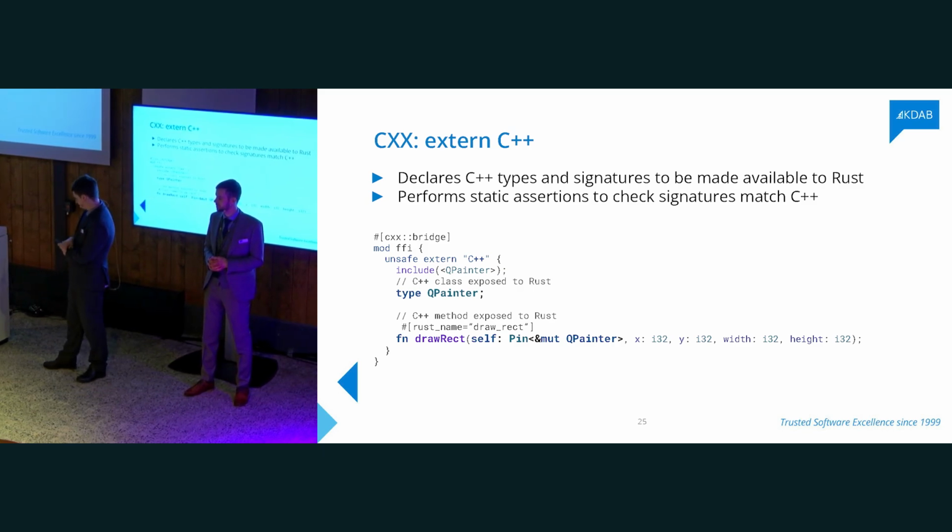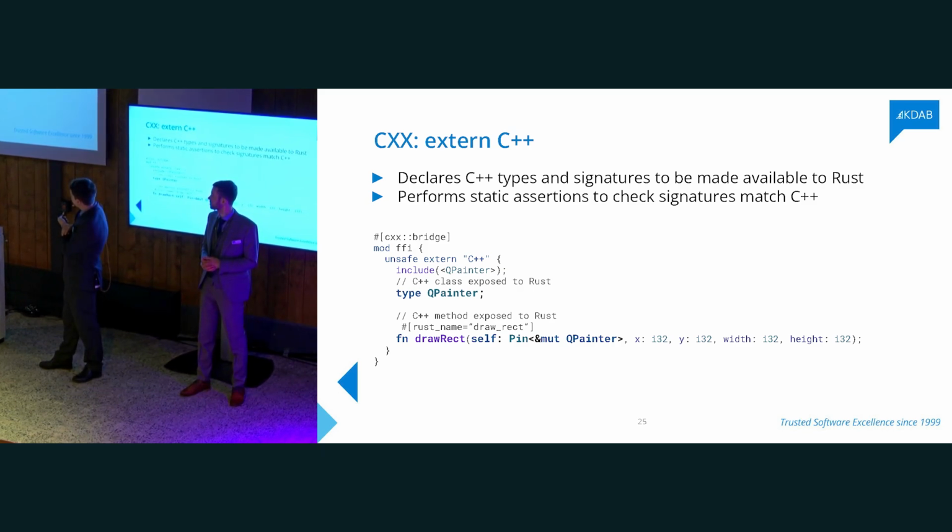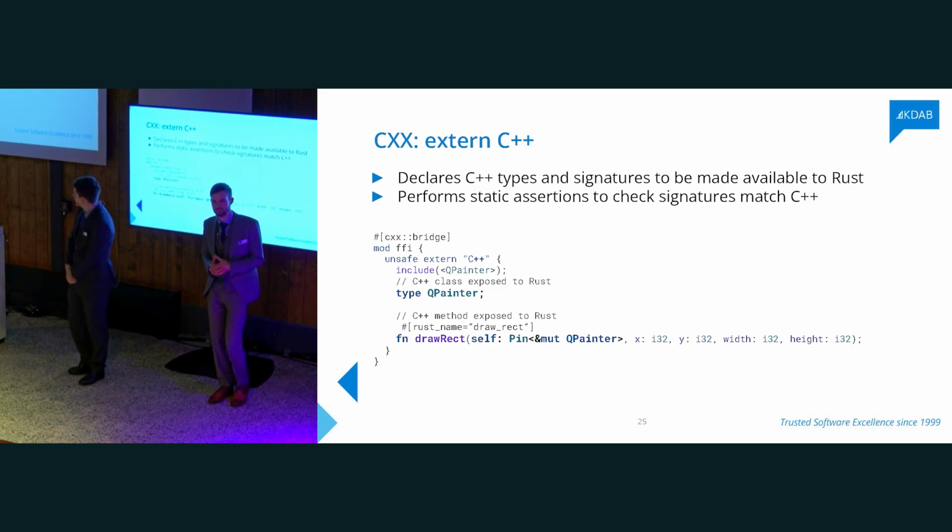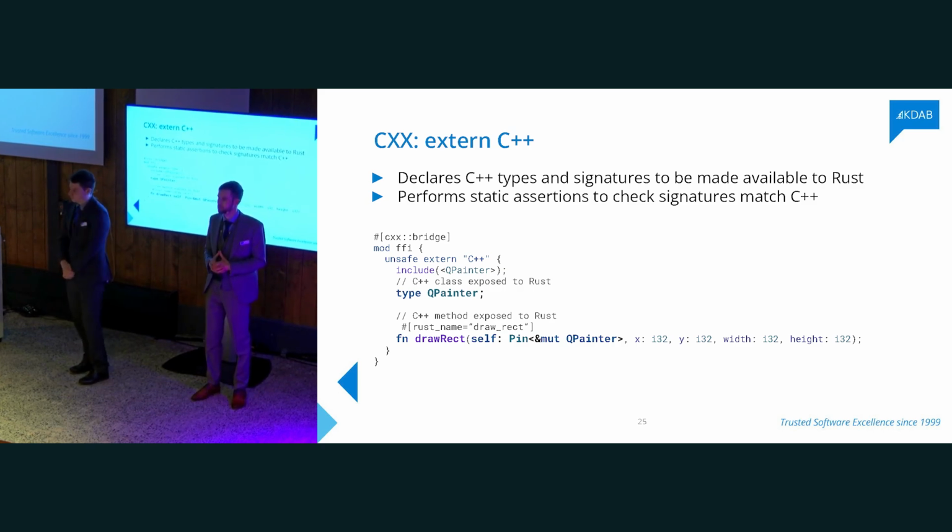And as this is our first bridge here, you can see we've got a CXX bridge macro. This is on a module, and that allows CXX to understand where you're defining the definitions. So then inside this module, you then put your extern blocks.